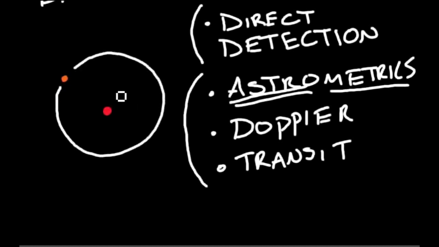Now we have to remember that gravity is not a one-way thing. So both of these objects, the planet and the star, are pulling on each other. And even though we often talk about the planet going around the star, what's actually going on is that they're both going around a center of mass.